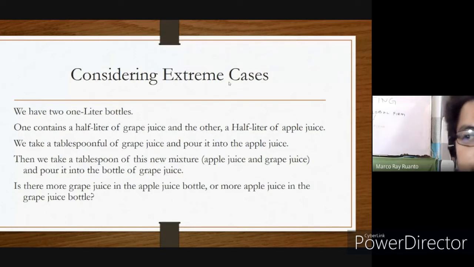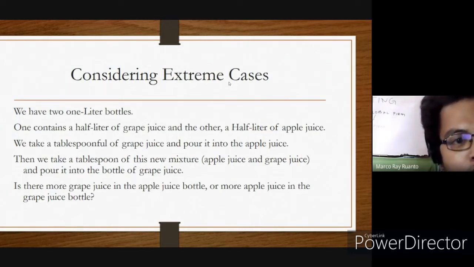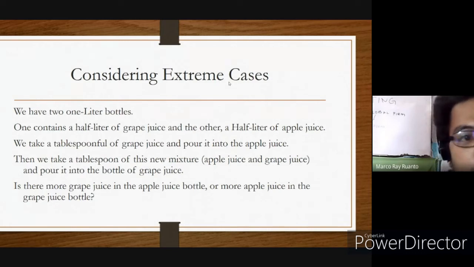Okay. So if we try to solve it this way, we would consider applying calculus, using limits. But we will not do it that way.